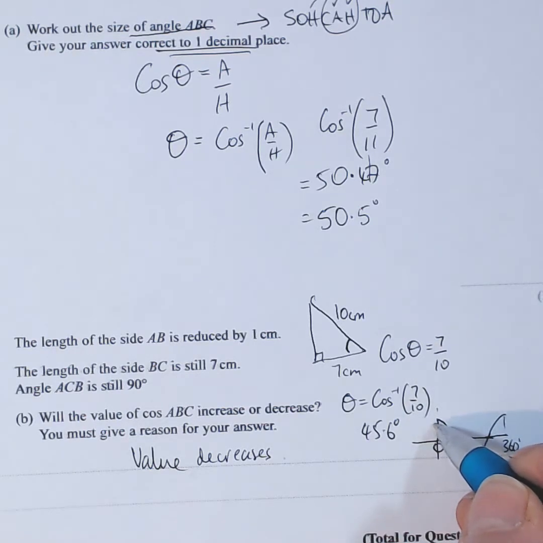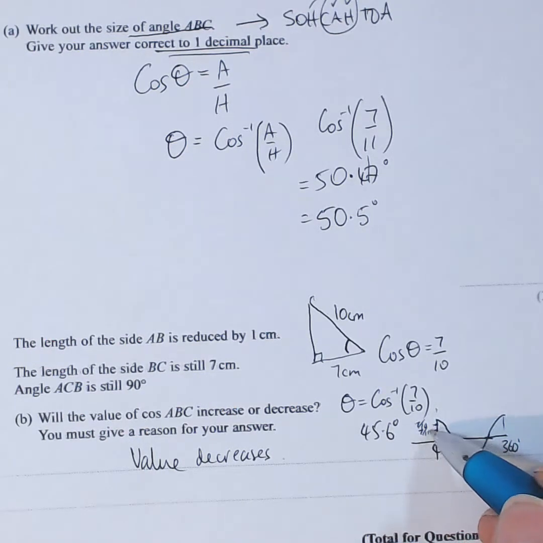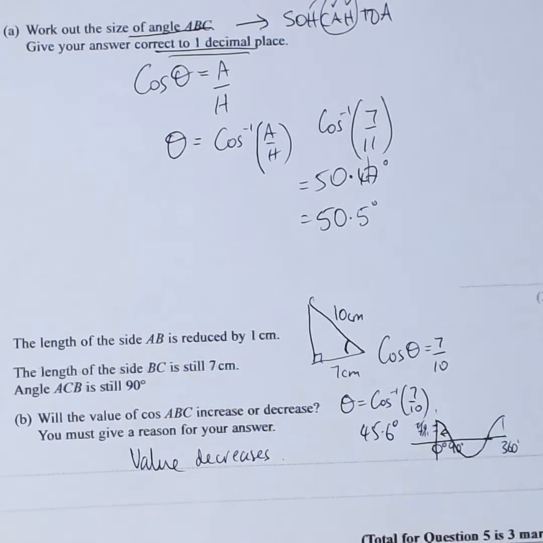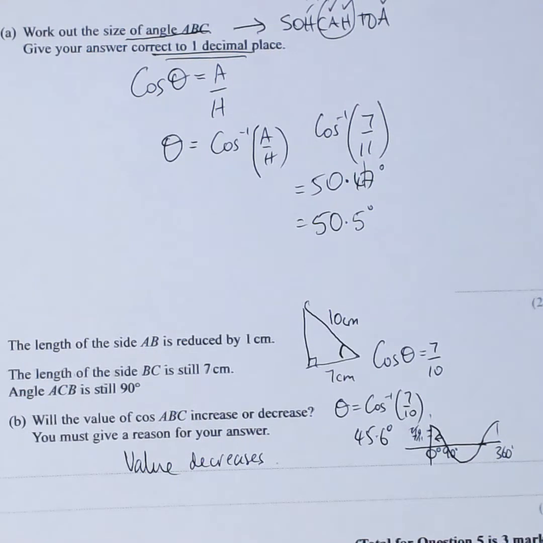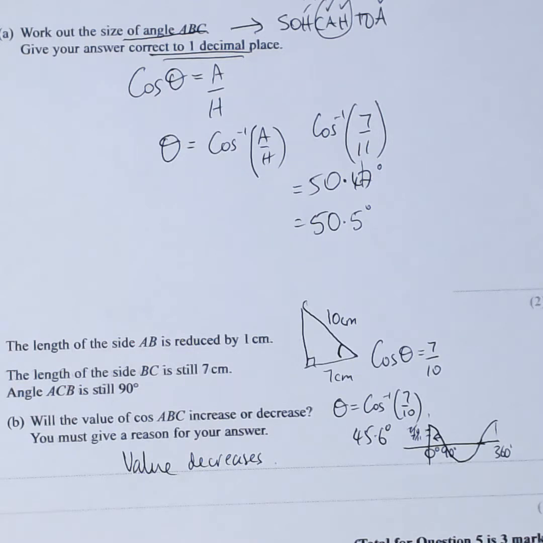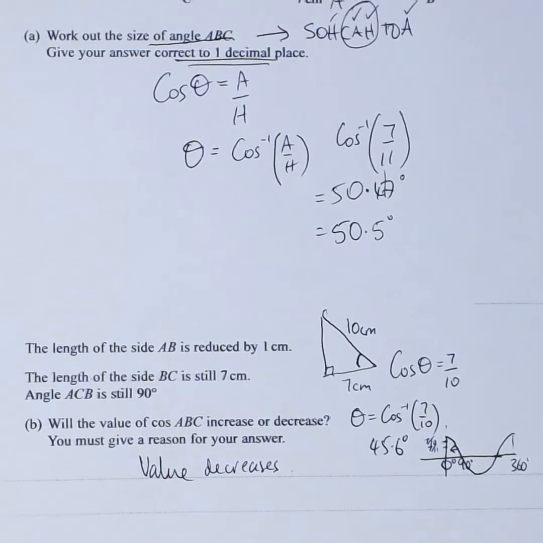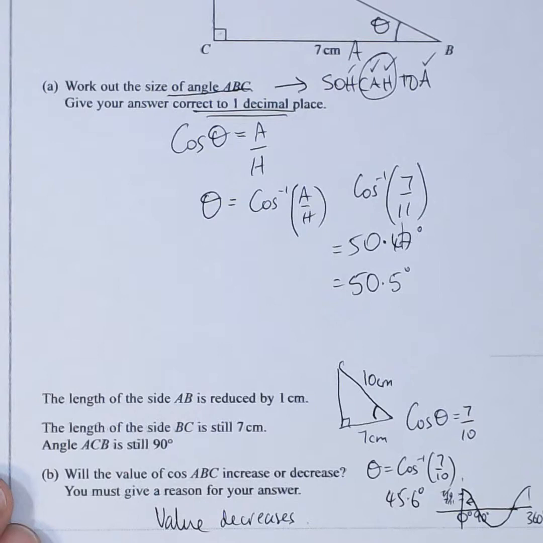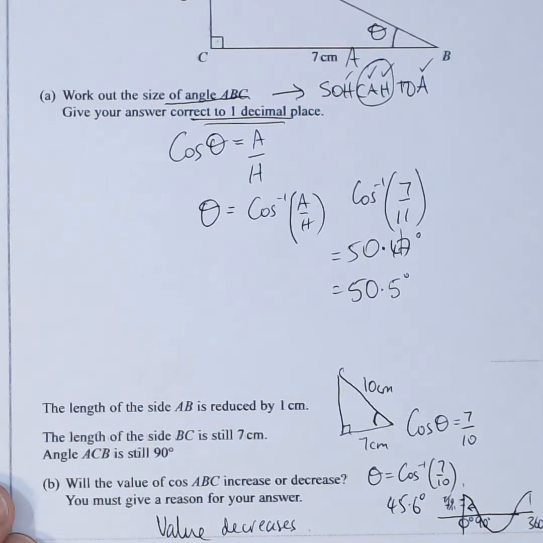So 7/10 would be there, 7/11 would be there, and because 7/10 is less, it means it's gone that way. So in other words, the angle has decreased according to the graph. So again, that would be one way to explain it, that the angle will decrease. But working it out, because you've got a calculator for this question, and doing that, that would be fine as well. Okay, so that's just some examples of doing questions involving the trigonometric ratios and right angle triangles.